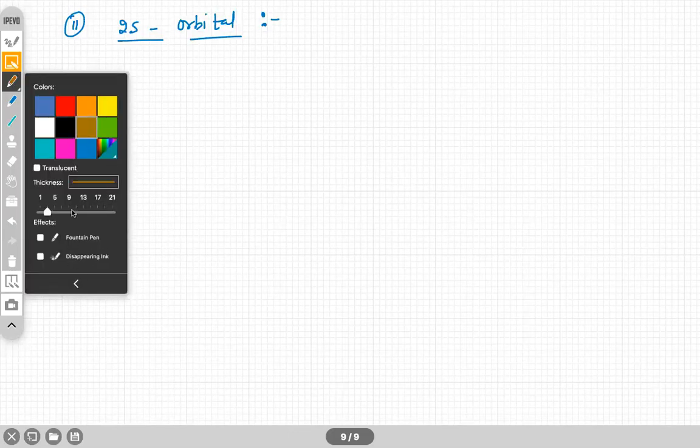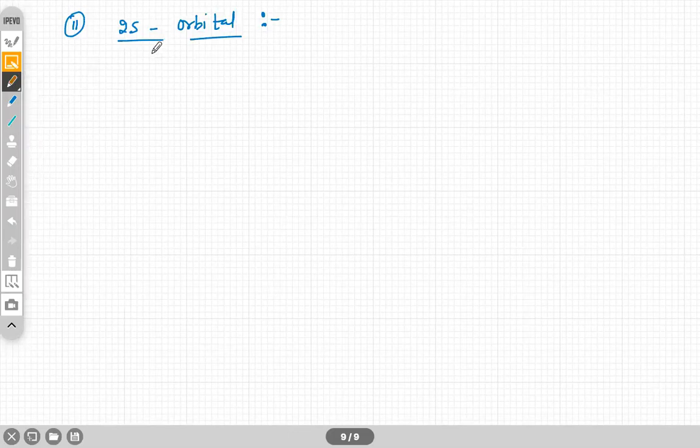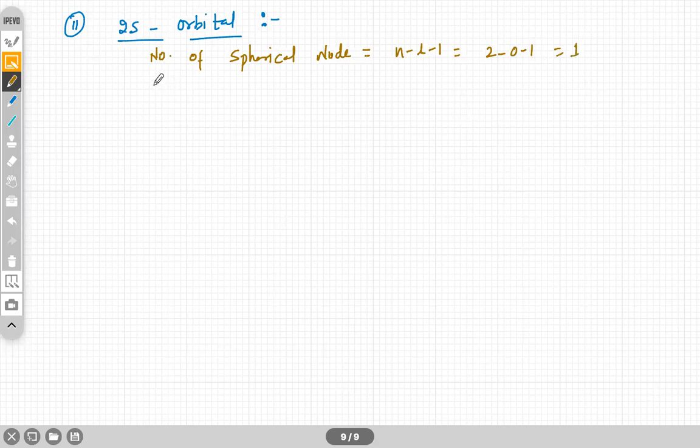The number of spherical node is equal to n minus l minus 1, 2 minus 0 minus 1, that is 1. And the number of angular node is the l value, which is 0. There's no angular node here.